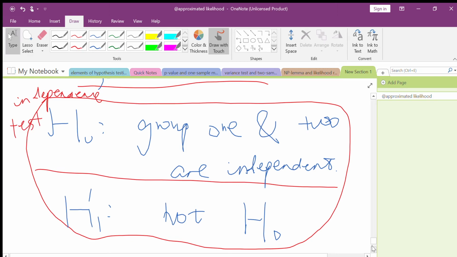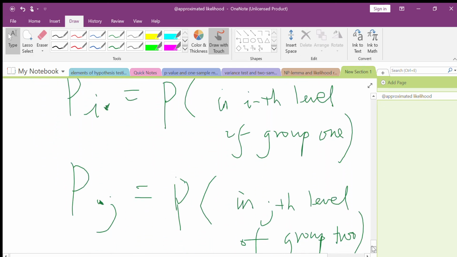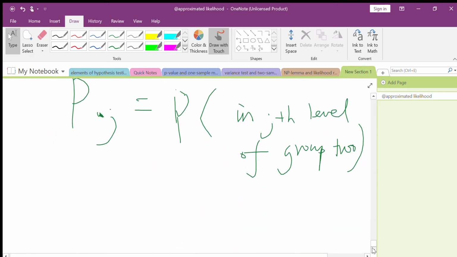We need to rewrite H null by interpreting it using the principle of maximum likelihood estimation.